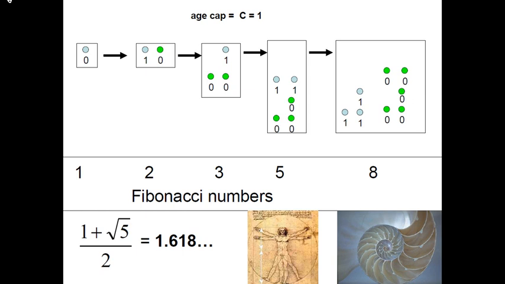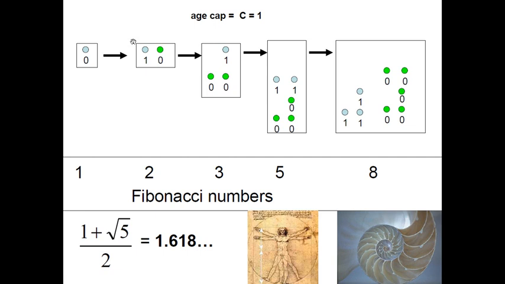Well, in this case, when we update our system, we increase the age of every vertex, and then we give every vertex an age 0 offspring, and then we destroy every vertex of age greater than the age cap, which is 1. And so, in fact, what we get is that the number of vertices on a given time step are given by Fibonacci numbers.